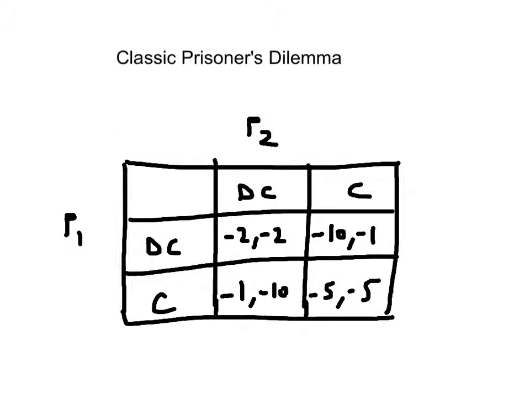So for player 1, regardless of what player 2 is playing, the strategy to not confess is strictly dominated and will not be played. For player 2, the same holds: -2 is worse than -1, -10 is worse than -5, and so the strategy to not confess is also strictly dominated.